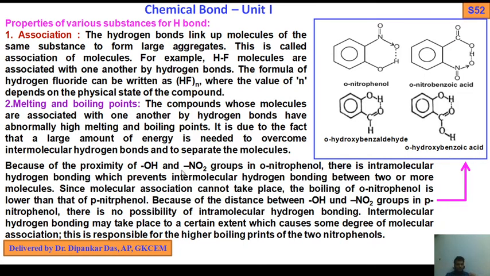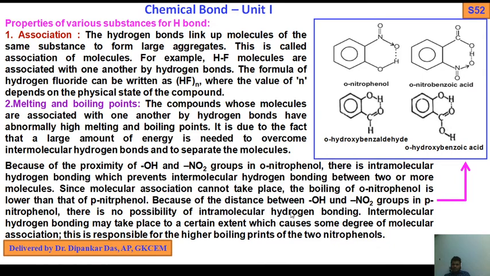Because of the close proximity of the OH and NO2 groups in orthonitrophenol, there is an intramolecular hydrogen bond, which prevents intermolecular hydrogen bonding between two or more molecules. Since molecular association cannot take place, the boiling point of orthonitrophenol is lower than that of paranitrophenol.